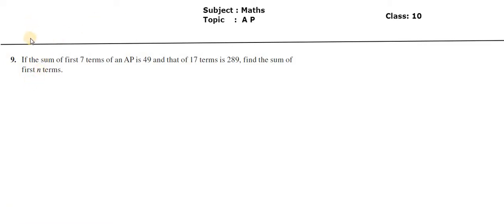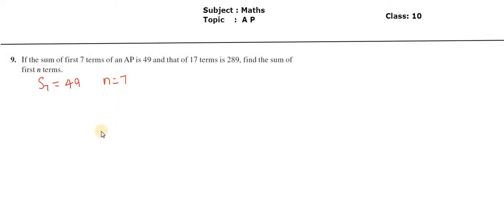Okay. Now they gave you the sum of the first 7 terms of an AP is 49. So S7 is equal to 49, and here n is equal to 7.